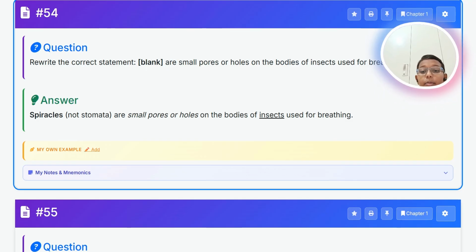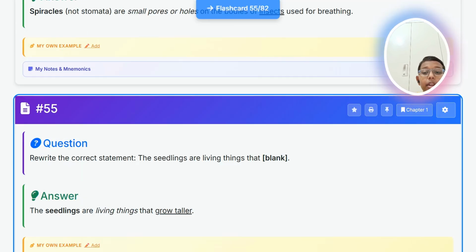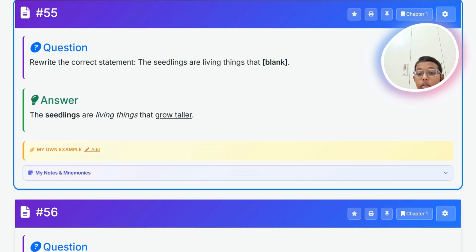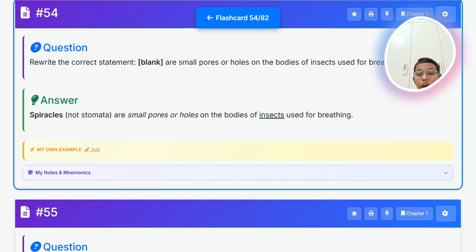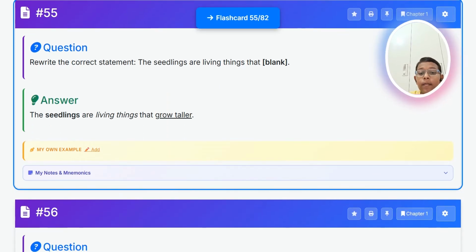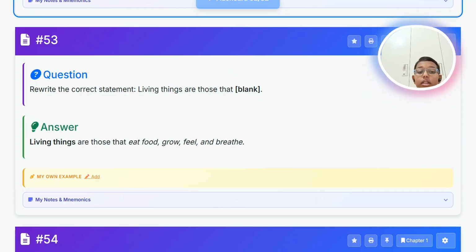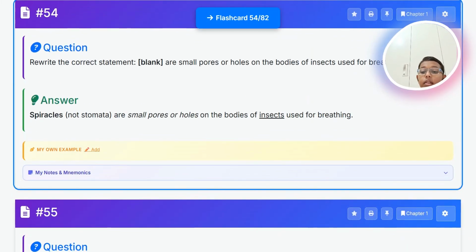Blank are small holes on the bodies of insects used for breathing. Spiracles, not stomata, are small pores or holes on the bodies of insects used for breathing.